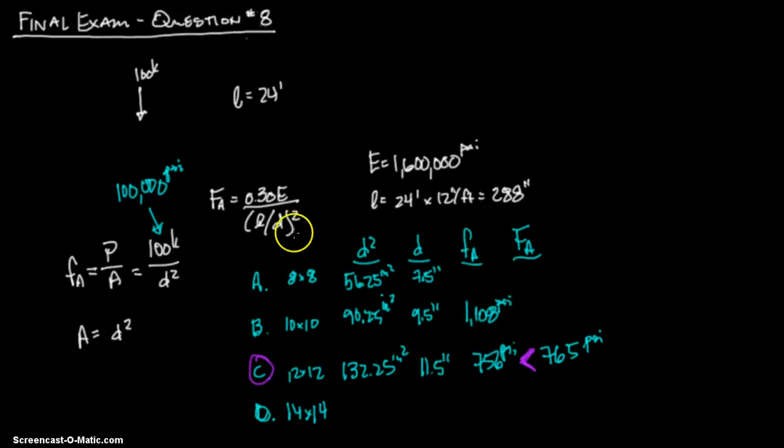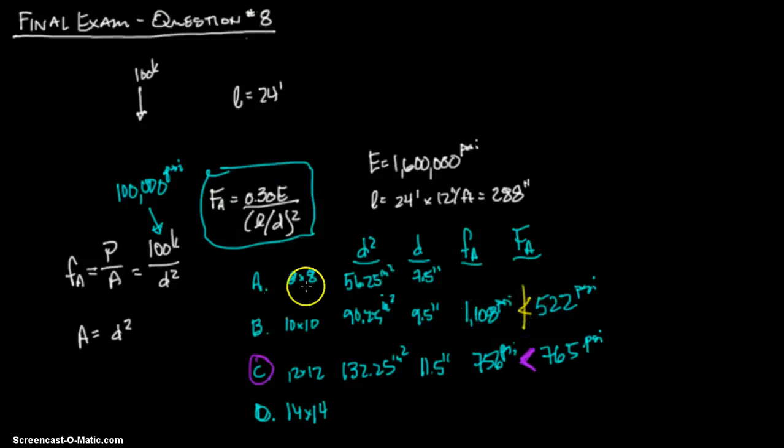And then we want to look at our allowable over here, and use this equation: 0.3 times 1600, 1, 2, 3 zeros, divided by, open parentheses, 288 divided by D, which is 9.5, close parentheses, squared, 522.3. 522 PSI. As you can see, this is not greater than that.